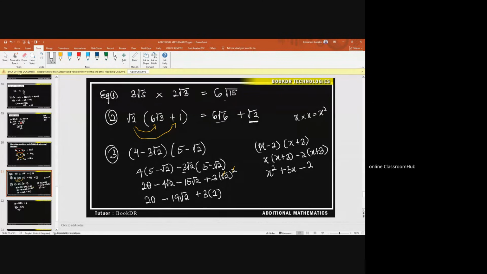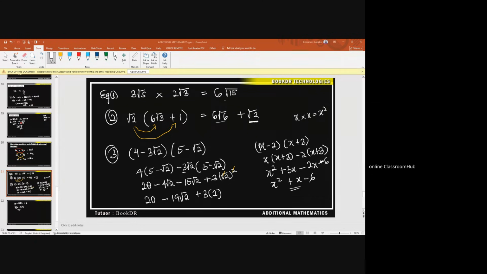Minus 2 times x will give us minus 2x. And then minus 2 times 3 will give us minus 6. Then if there are some like terms, you simplify. So we have x squared, and 3x minus 2x will give us just x, minus 6. So that will be the result. The same thing that we are doing here is the same thing: the first bracket multiplying the second bracket.